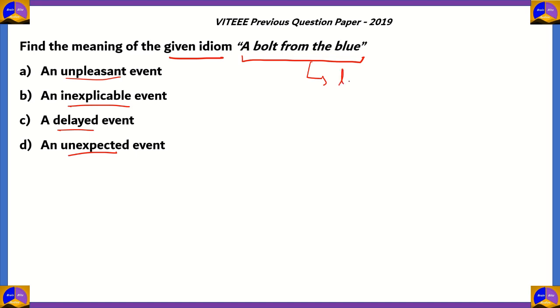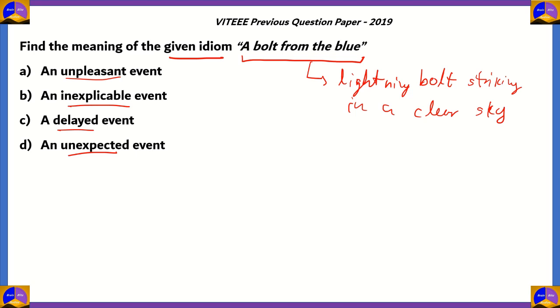Bolt here refers to a lightning bolt from the blue, so that means it's striking in a clear sky. So this is what you literally mean by the phrase a bolt from the blue. So that means you see a lightning bolt striking in a clear sky.